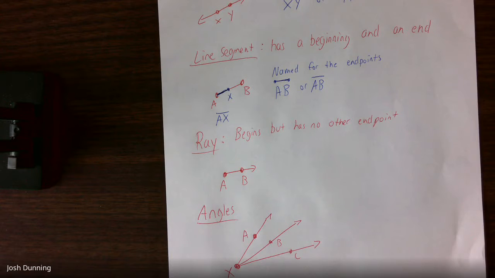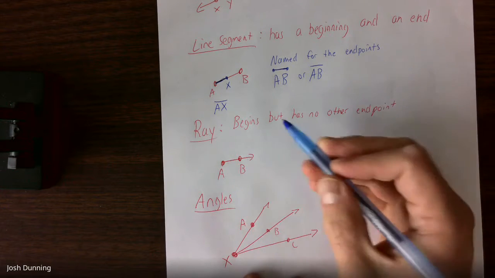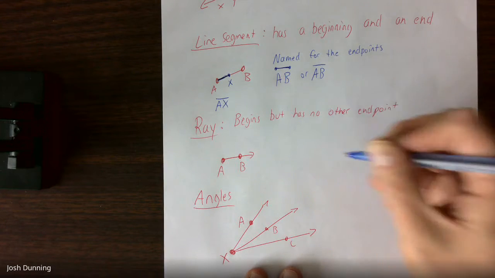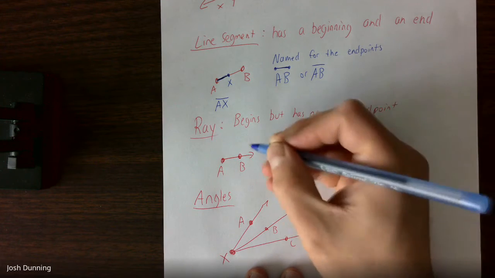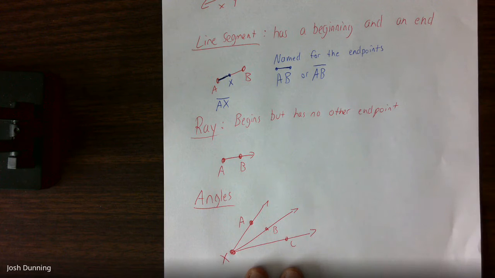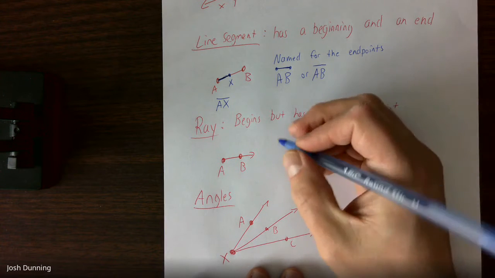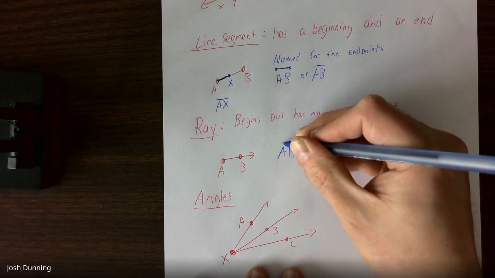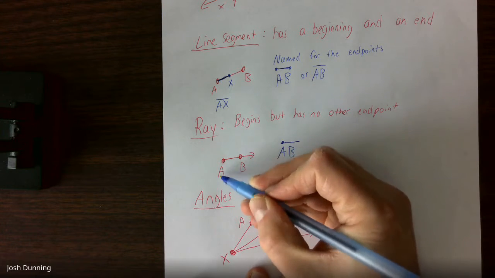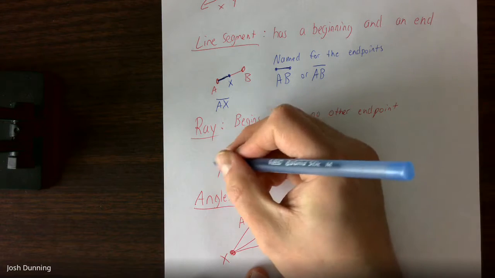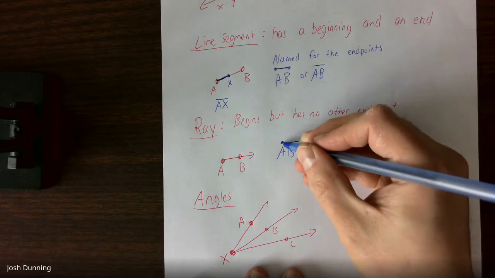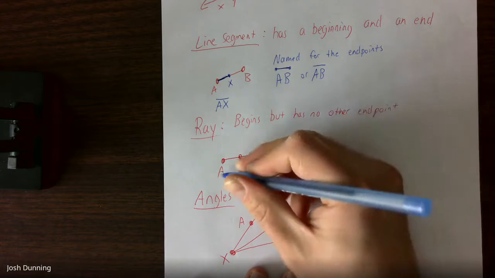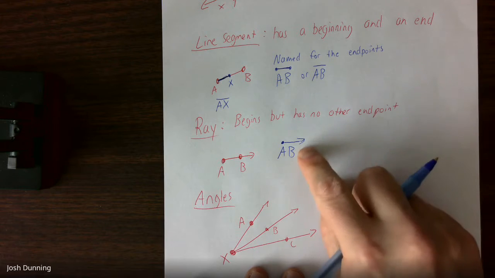Now, a ray has a beginning but no end. It has one endpoint, and then it goes on forever in the other direction. That's where the arrowhead shows up here. Now, same idea when you name it. So at A, it doesn't have an arrow going the other direction. So at A, we have the dot, and then you just put the other letter down and have your arrow.